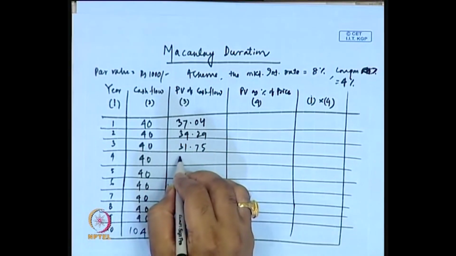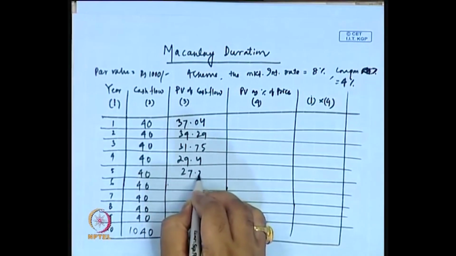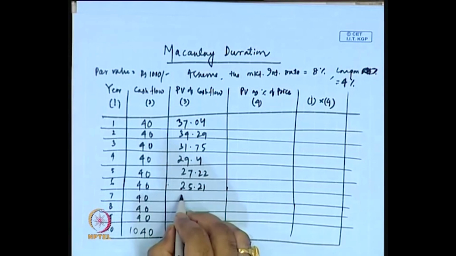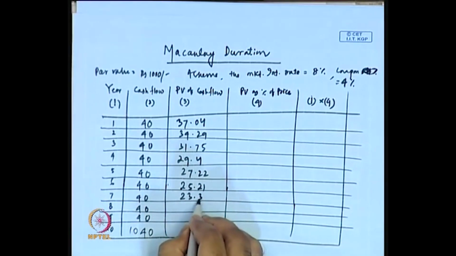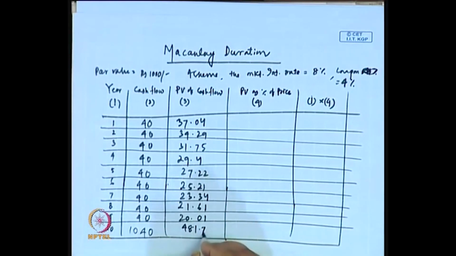This is 29.4, this is 27.22, this is 25.21, this is 23.34, this is 21.61, this is 20.01, and this will be 481.73.